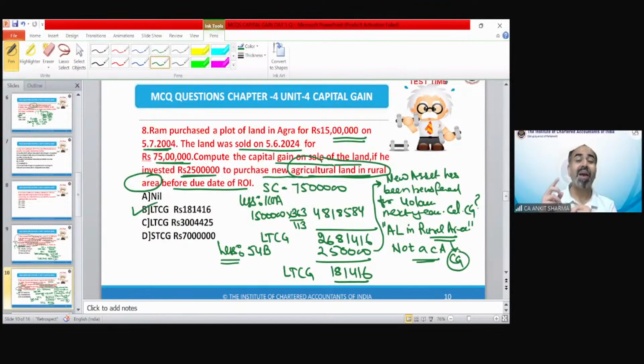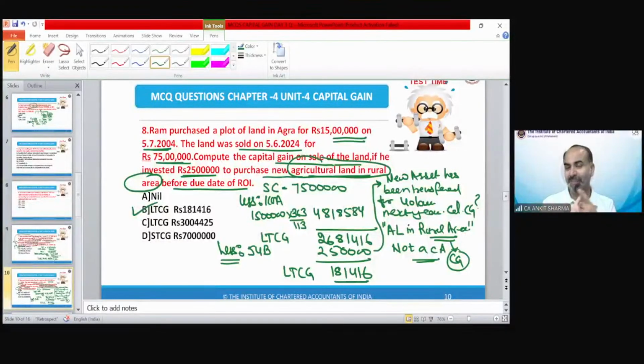So it's a very, very smart tax planning. If you want to transfer your agricultural land in urban area and want to purchase something, then purchase the agricultural land in rural area. And even on the next date, after claiming exemption, if you transfer that agricultural land in rural area, then your exemption would be still there.